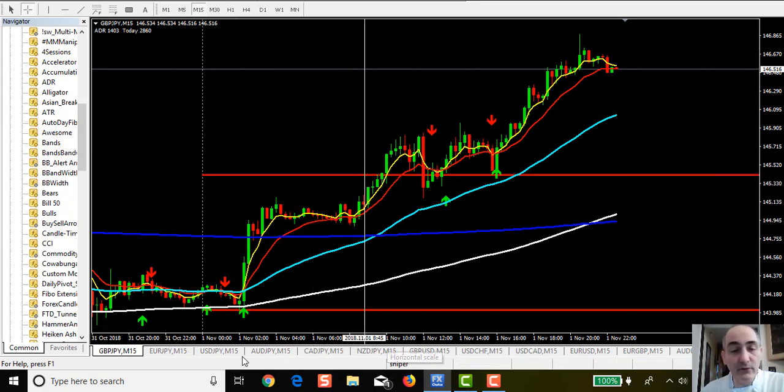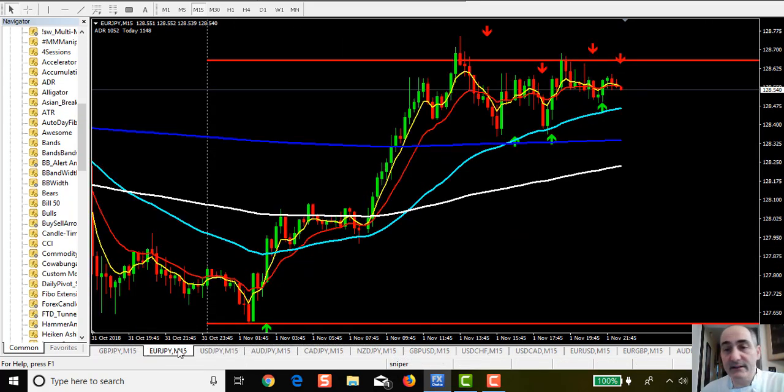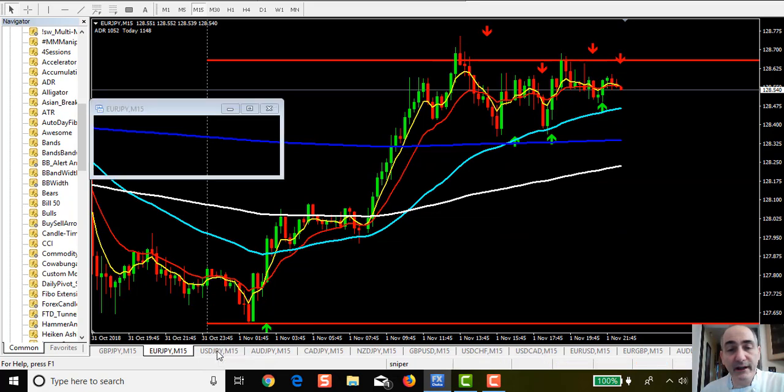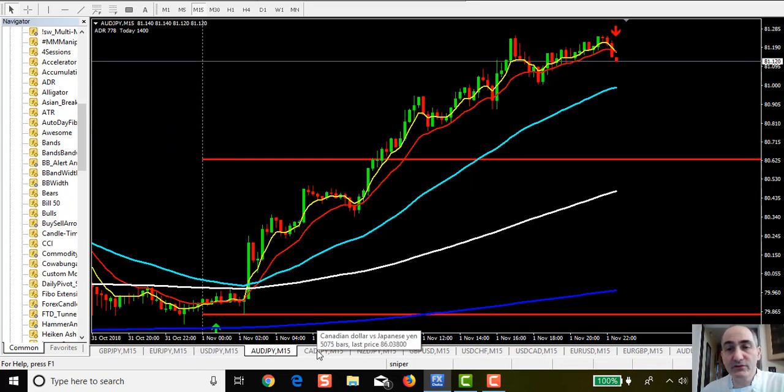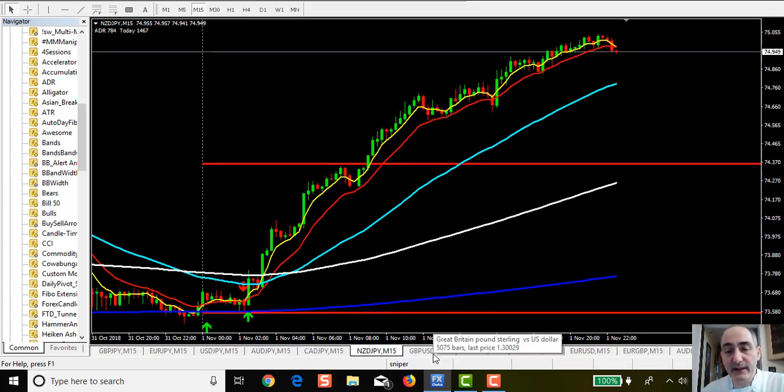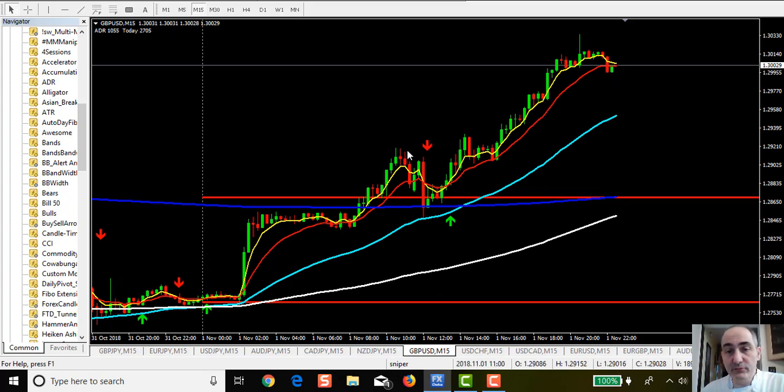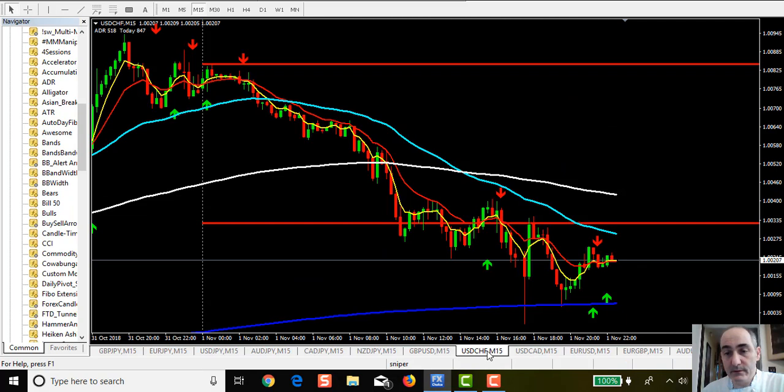A lot of these currency pairs did this today. They broke through the average daily range, but you don't see an exhaustion candle. This is NZDJPY. Again, it breaks through the average daily range, no exhaustion candle. GU breaks through the average daily range, again, no exhaustion candle.